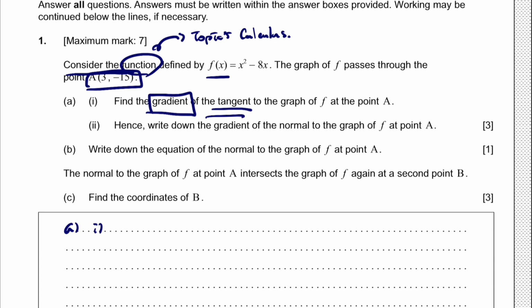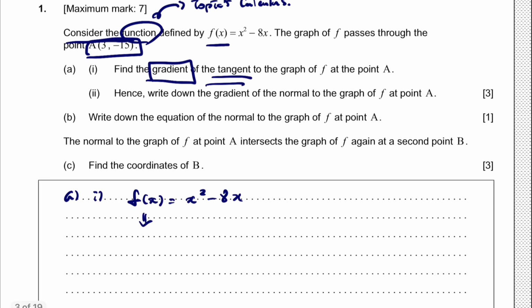Tangent line means that we have to differentiate the given function once. So when you differentiate the function f of x, we get f'(x) equals 2x minus 8. To find the gradient of the tangent, we substitute the x value of the point A, which is 3, into this first derivative.